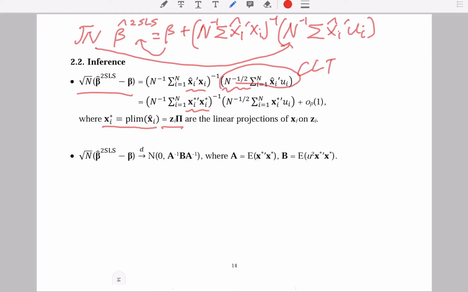So we can rewrite the fitted value into the linear projection plus a small op(1), because x star is x hat plus small op(1).